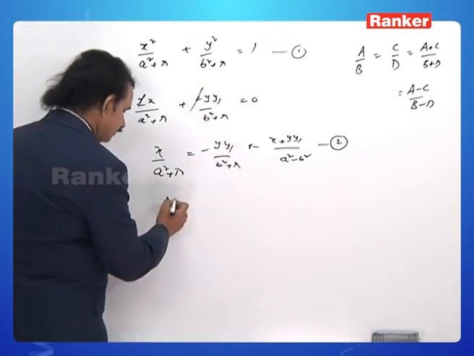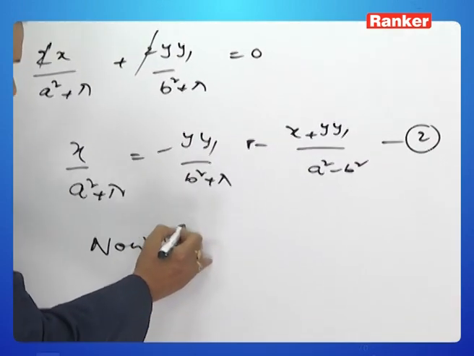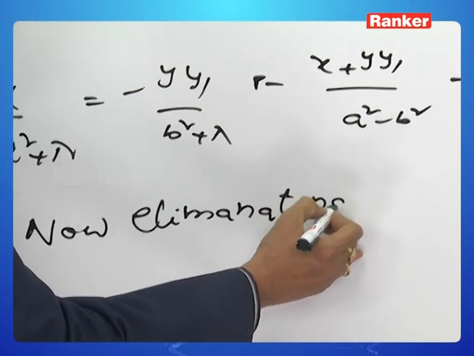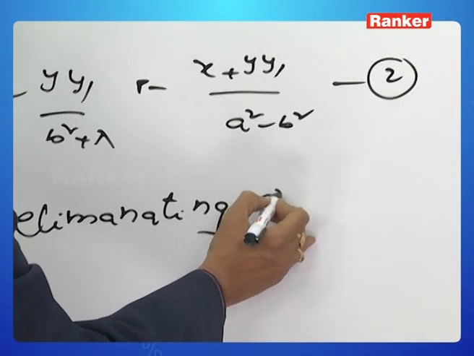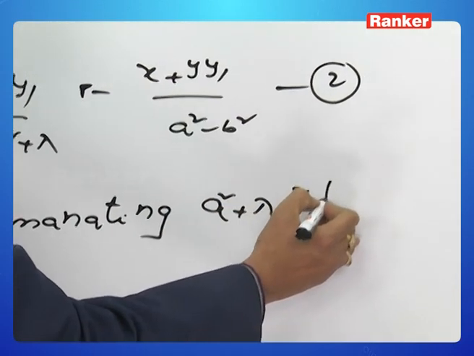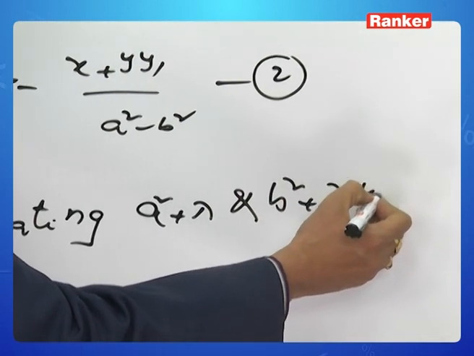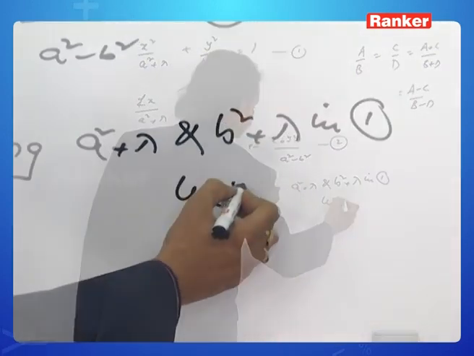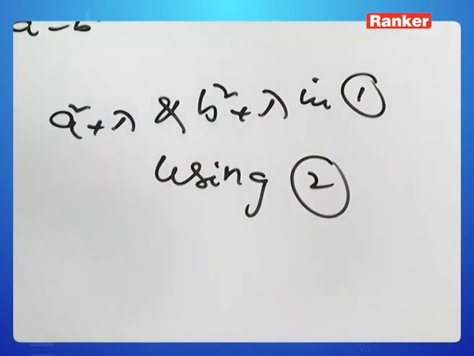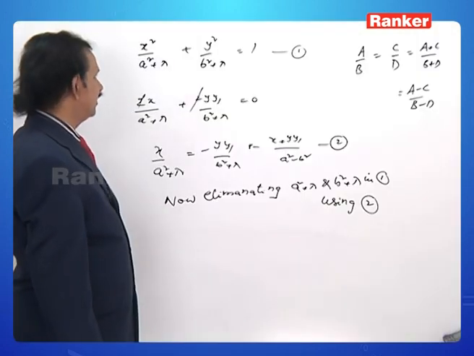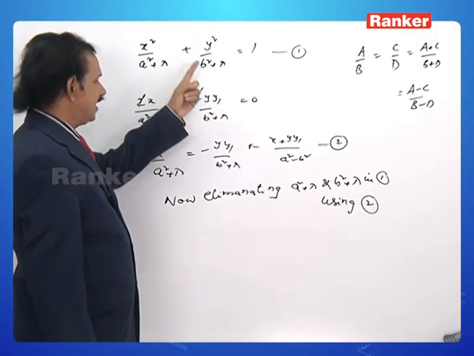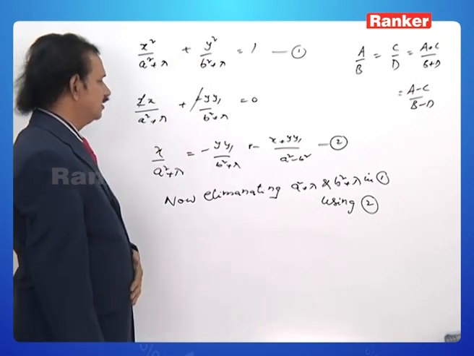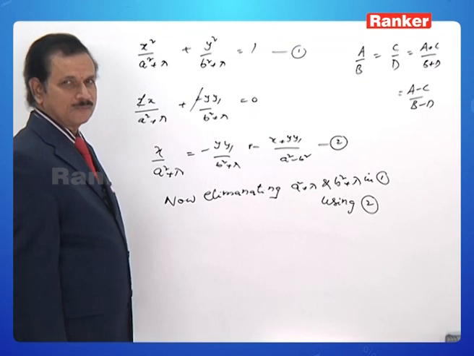Now, eliminating a square plus lambda and b square plus lambda in 1 using 2. We are to eliminate 1 by a square plus lambda and 1 by b square plus lambda from 1, making use of 2.